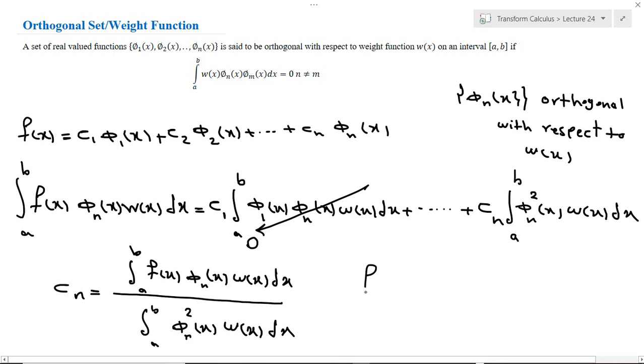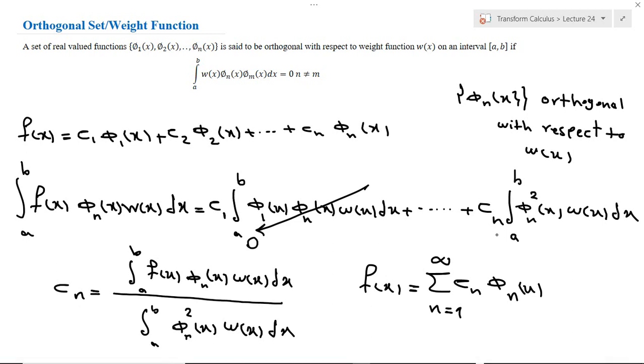And so we can represent f(x) as the series of cn times phi n(x), where n is from 1 to infinity. So we could represent an arbitrary function like f(x) using an orthogonal set of functions with respect to a weight function.